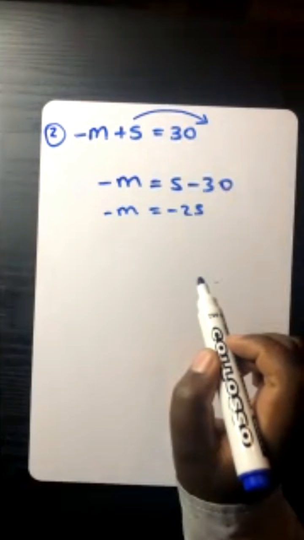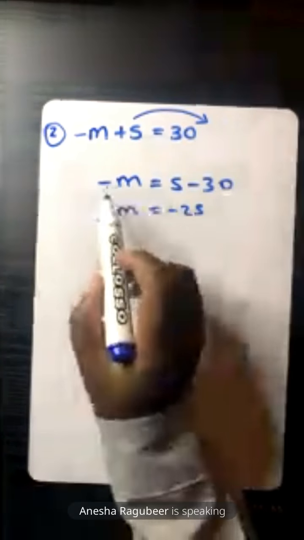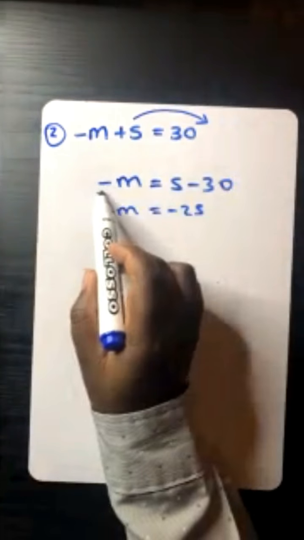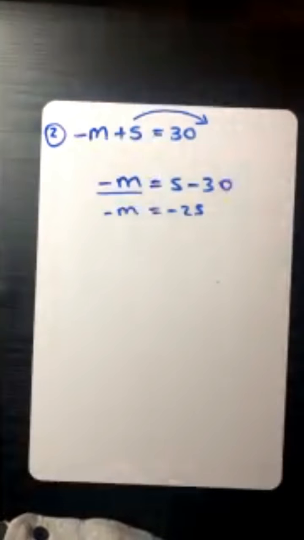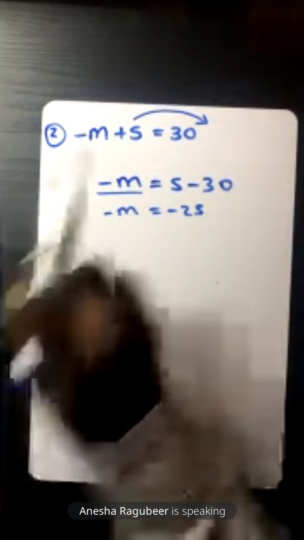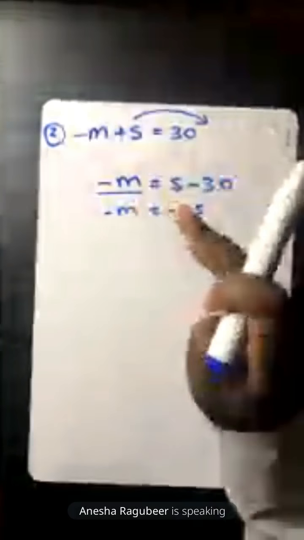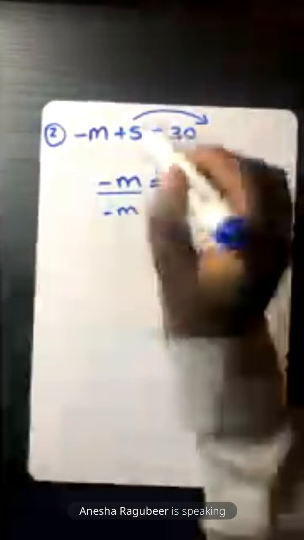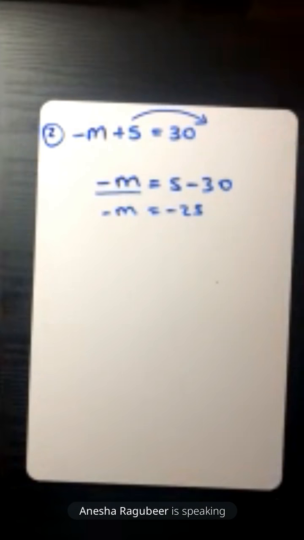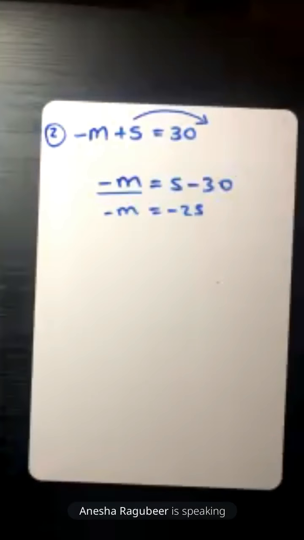Negative M. So can you see, that is the reason why you have to write that negative in front of M, because on the original equation it was given as negative M. So you are only rewriting that to the other side. Yes, sir. So does it make sense now? Yes, sir, it does.